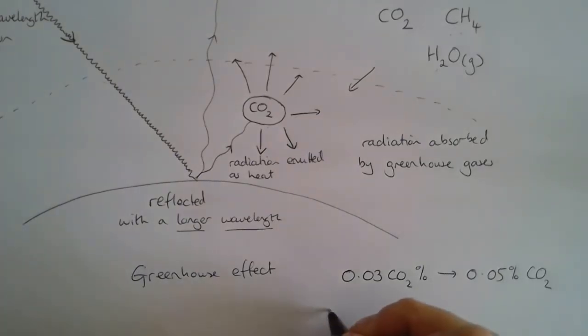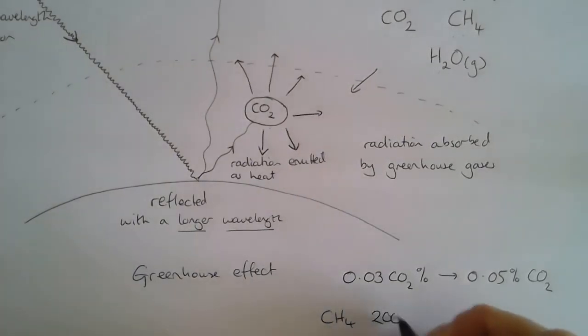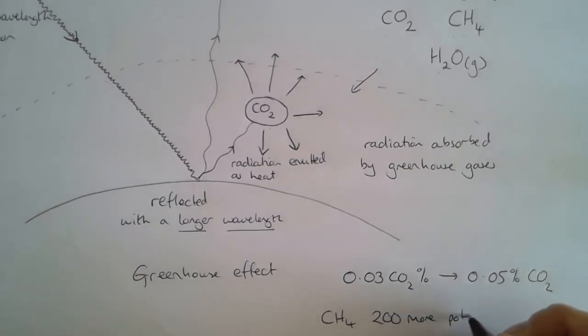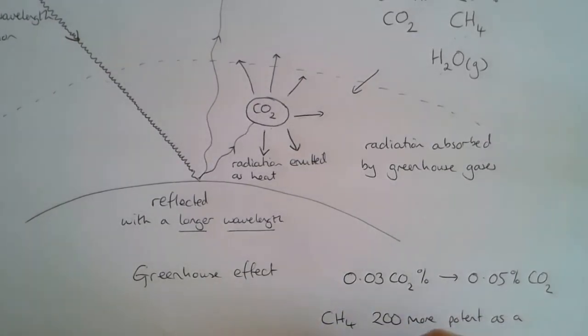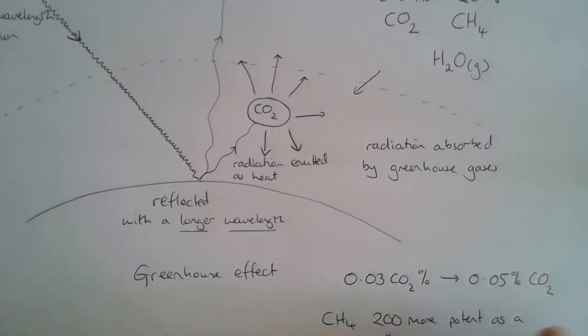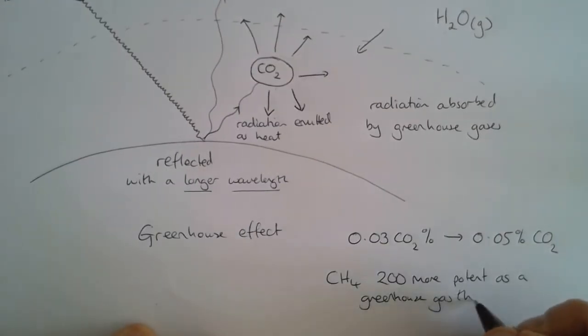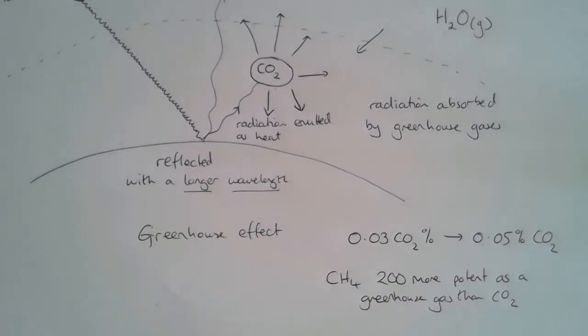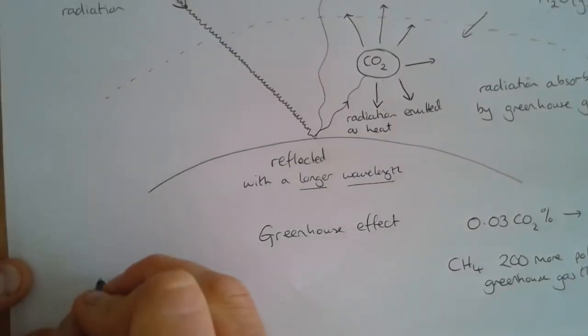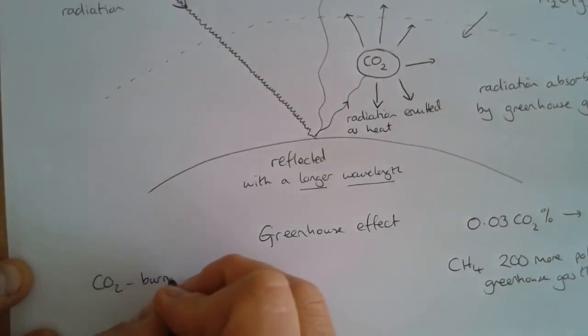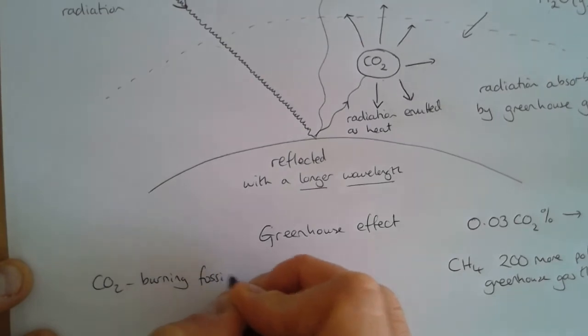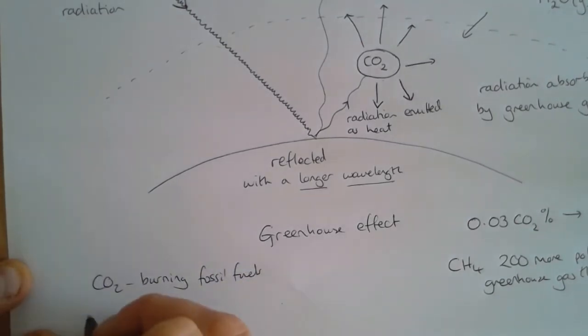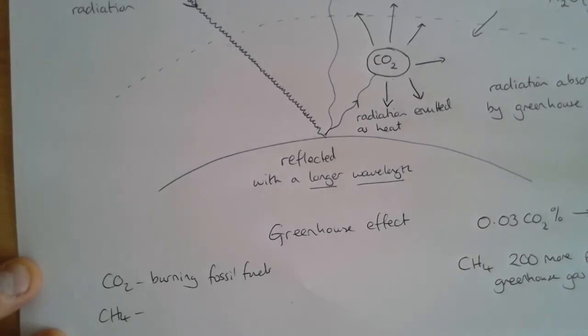Also, methane is about 200 times more potent as a greenhouse gas than carbon dioxide is. Carbon dioxide we have released into the Earth's atmosphere mainly by burning fossil fuels. And methane has been released through two routes.